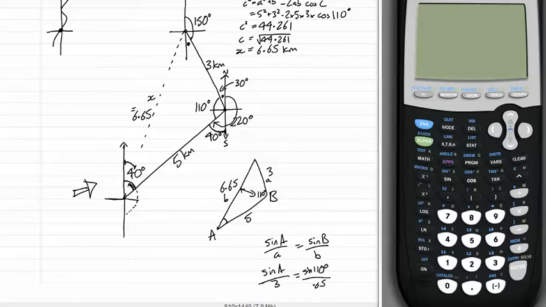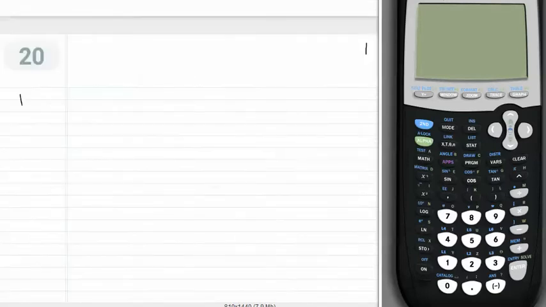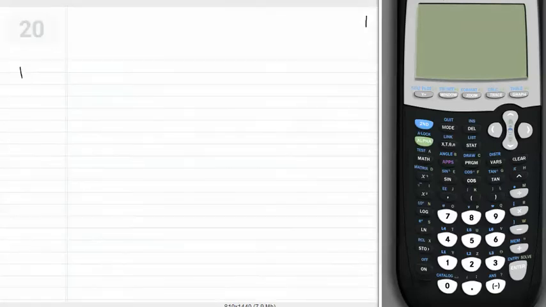Sorry, we're about to lose my beautiful diagram, but so be it. So that was sine A equals 3 sine of 110 degrees over 6.65.